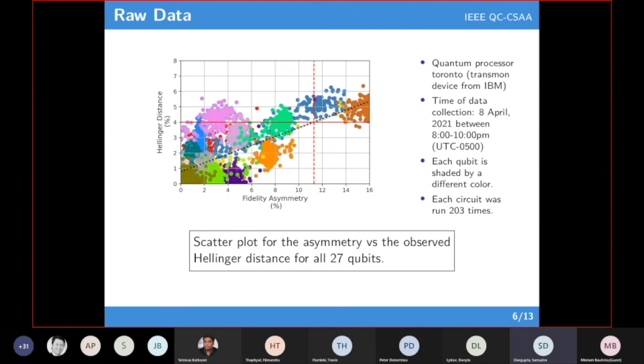The horizontal red line, which you see at 4%, represents the user-specified tolerance on the Hellinger distance. This is what we were calling H-max in the previous slide. So the quantum programmer decides H-max based on his use case and application. And then the theory that we have developed predicts the vertical red line, which is the maximum asymmetry permissible.